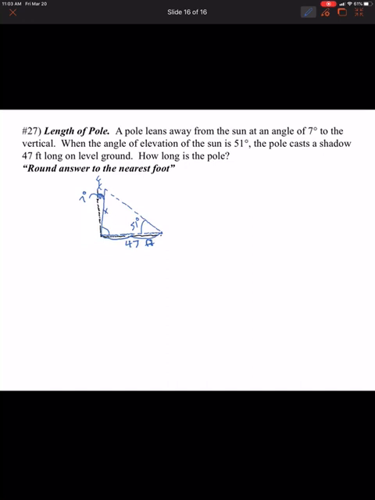From that vertical to the base of this triangle, the horizontal, it's 90 degrees. So this angle right here will be 90 minus 7, which is an 83-degree angle.